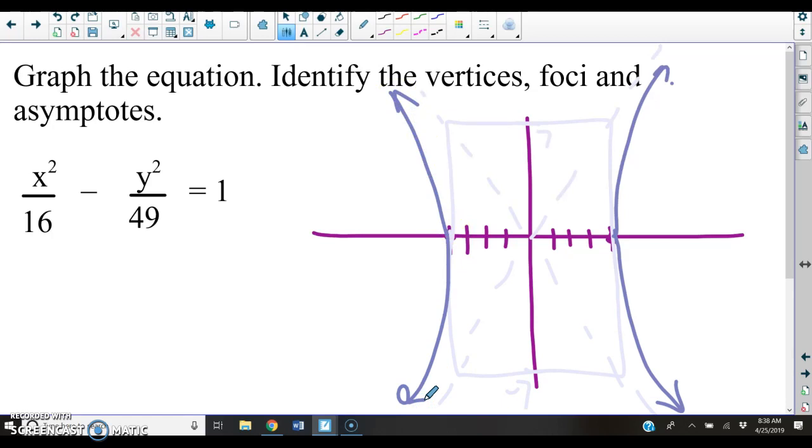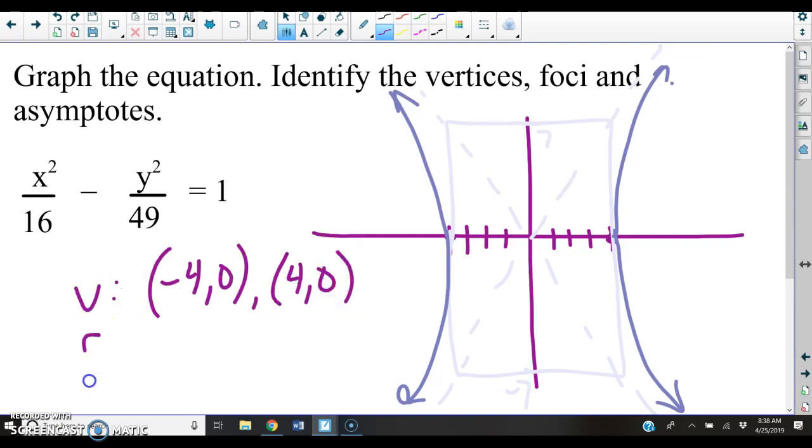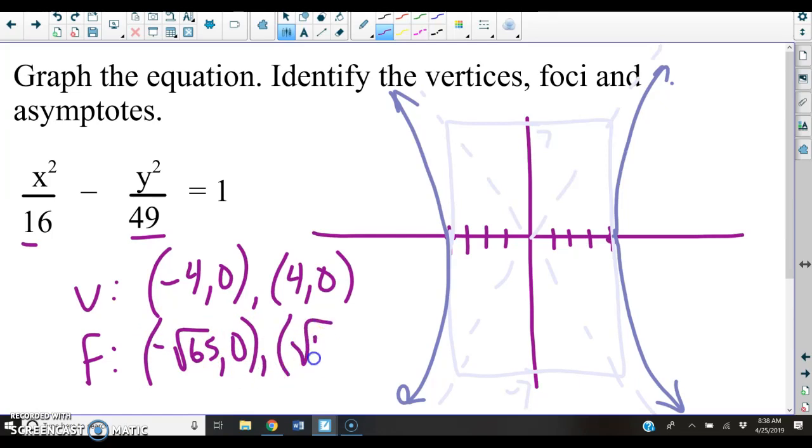So my vertices, now it's time to answer all their questions. I sketched it. My vertices are at negative 4, 0 and positive 4, 0. That's my vertices. My focus points, remember how we find those? Add these. Okay, 65. So negative square root of 65, 0, and positive square root of 65, 0.